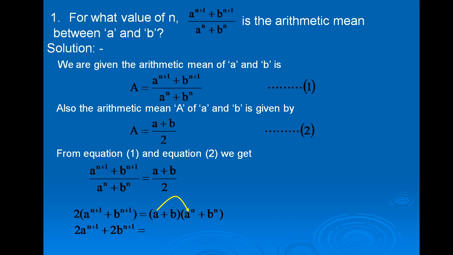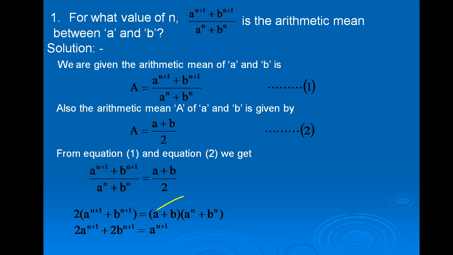So a into a^n is a^(n+1), because if the bases are the same, then the powers get added. So this becomes a^(n+1).